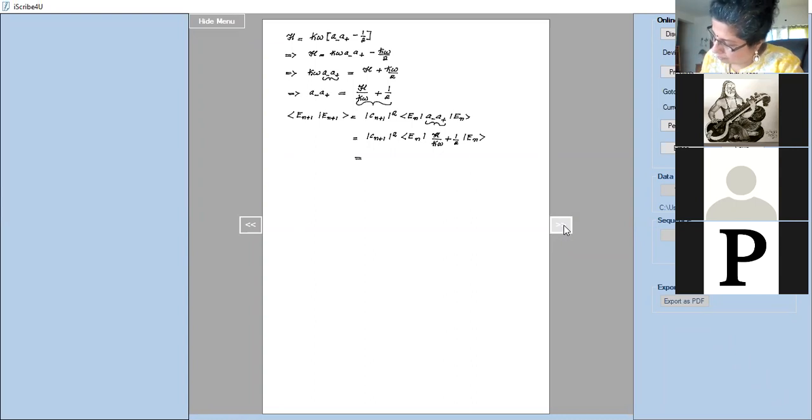So this is going to be thereby mod Cn+1 the whole squared, and then let's make a big bracket. We will have here <En| H by h cross omega |En> plus half, which is just a number, so it will just come out, <En|En>, which is going to be nothing but mod Cn+1 the whole squared.